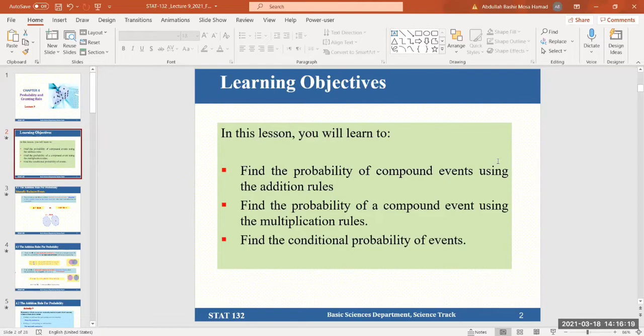Also, find probability of compound event using multiplication rule, and discuss how to use multiplication rule. Finally, students are supposed to know how to find conditional probability of event. I think it's going to be an interesting class.